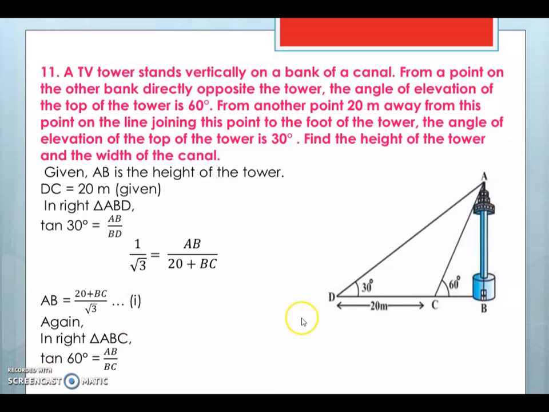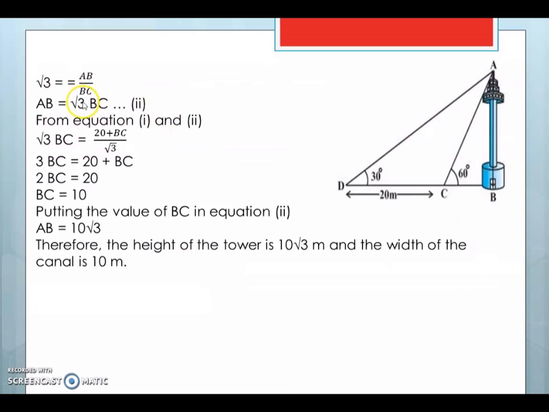Next, in triangle ABC, when you apply tan 60 is equal to AB upon BC. Now from here you will find one of the variables and substitute in the other, just like you have done in the previous question. So tan 60 is root 3 is equal to AB upon BC.